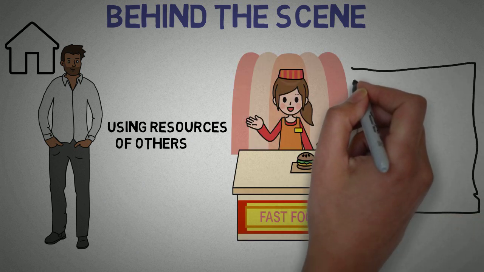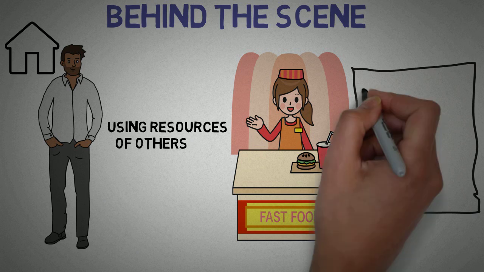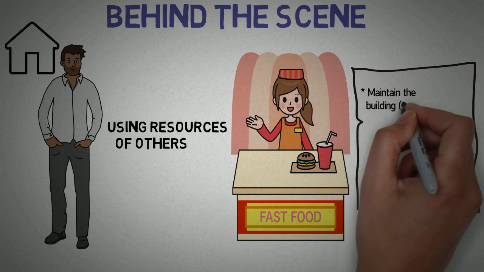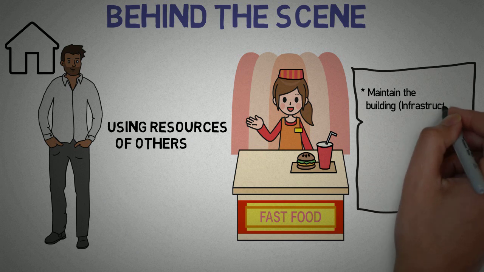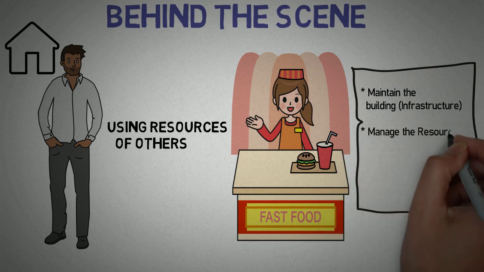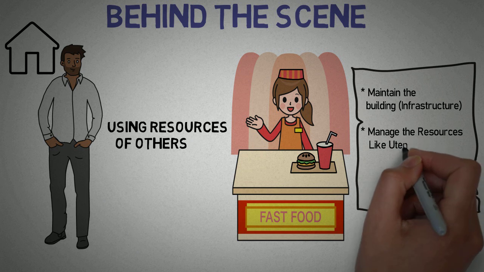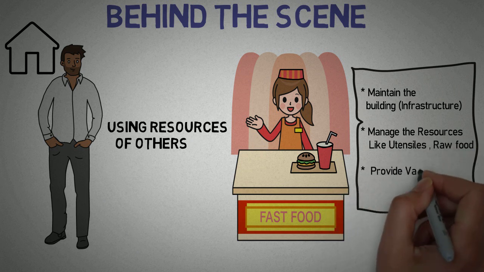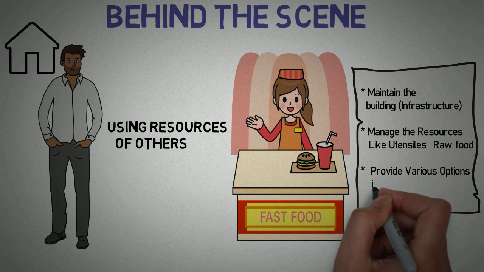Like for preparing the food, they need a kitchen, and for the kitchen, they need to maintain a building, or you can say maintain an infrastructure. At the same time, they need to manage resources. Like for cooking the food, you need utensils and raw food, and also a menu so people can buy whatever they want.